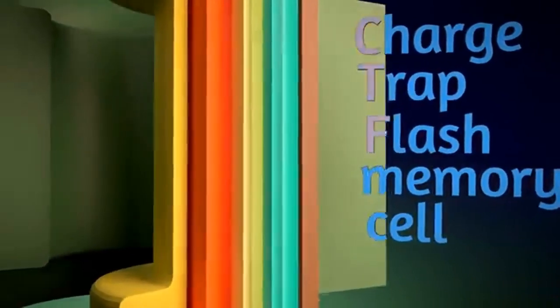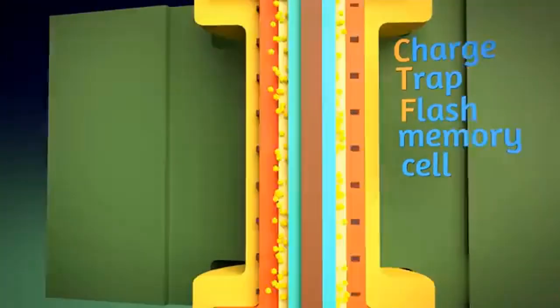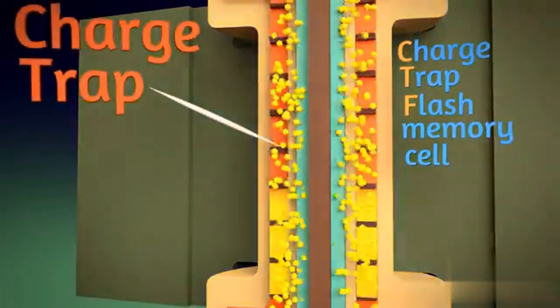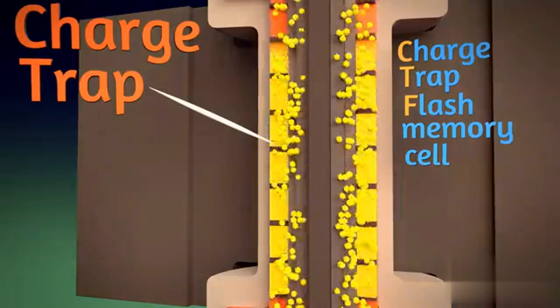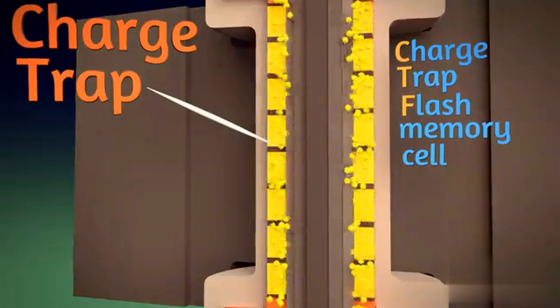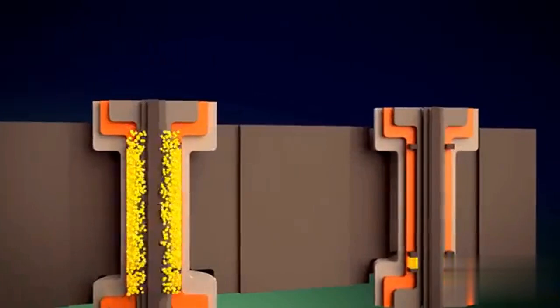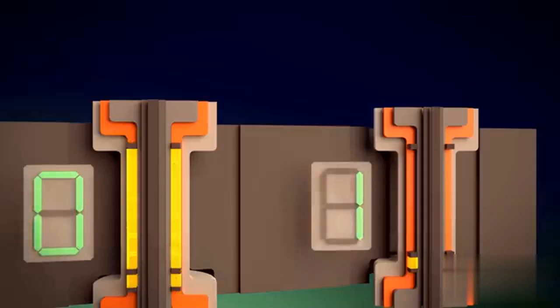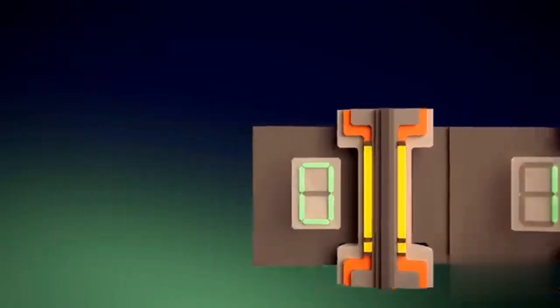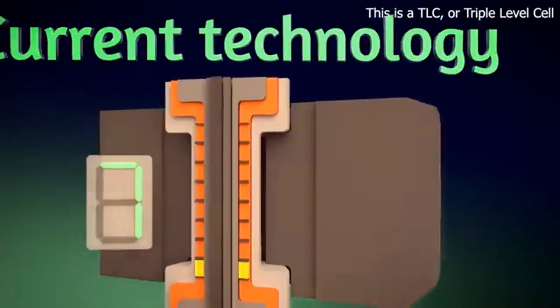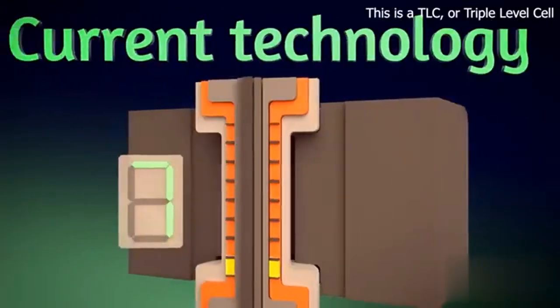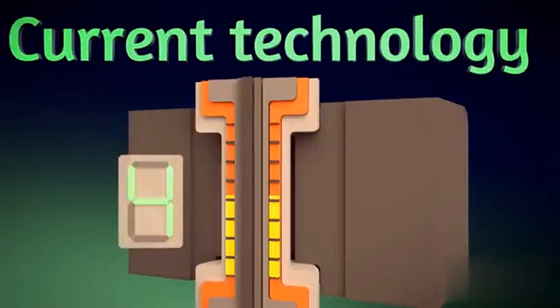Well, in each cell we can store information by placing different levels of electrons onto a charge trap, which is the key component inside the memory cell. Older technology could only store 2 different levels of electrons, a lot of electrons or very few electrons, which were used to store a single bit as a 1 or 0. However, engineers have been developing more finely tuned capabilities for trapping and measuring different amounts of electrons or charges onto the charge trap.